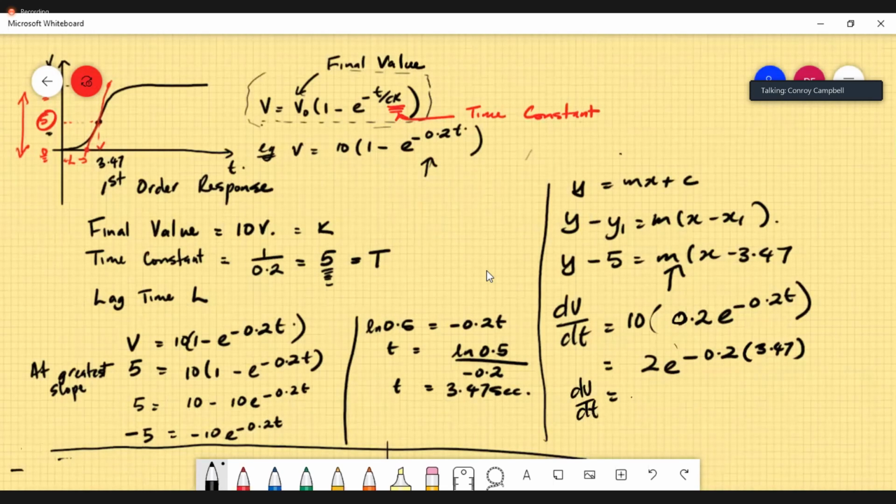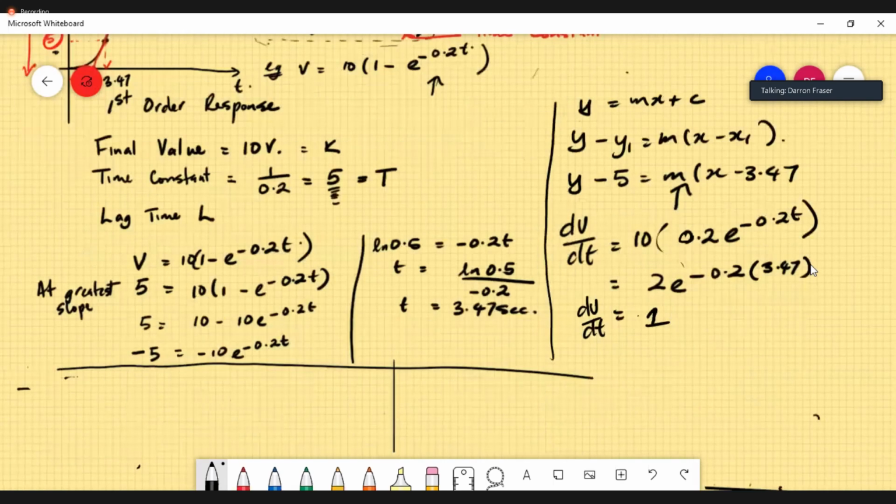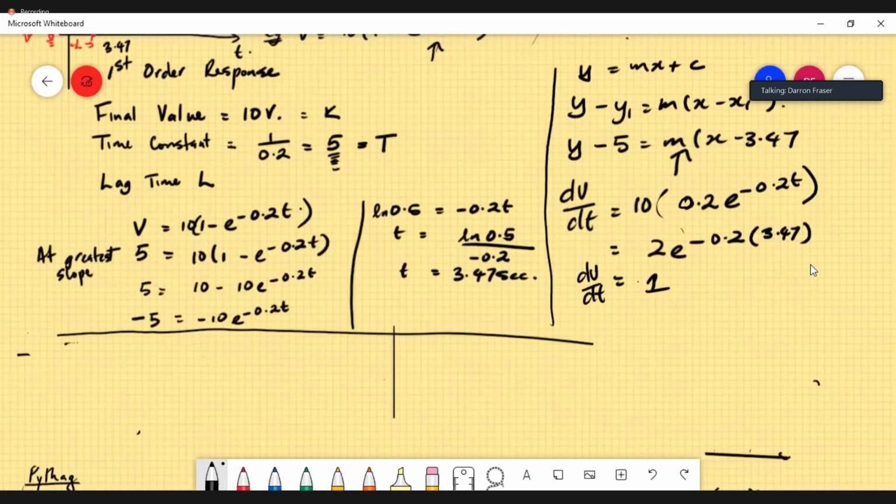Say 1, right? Yeah. All right, so now the equation of the line is y minus 5 is equal to 1 times x minus 3.47.